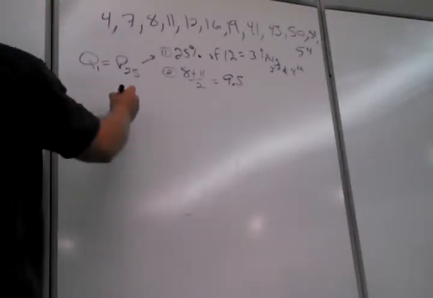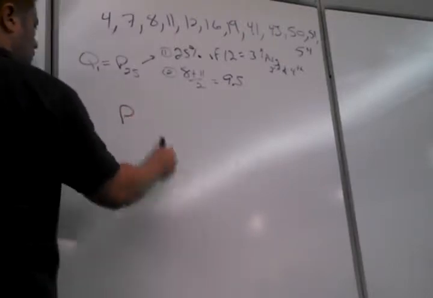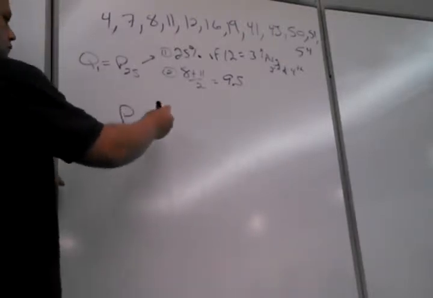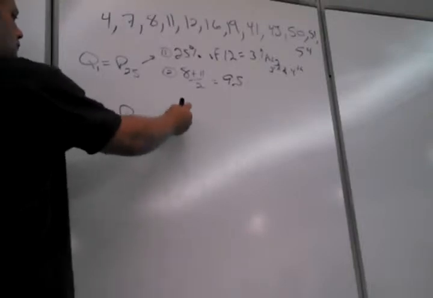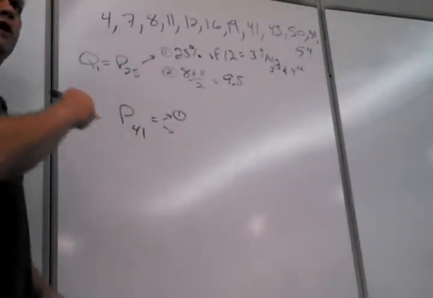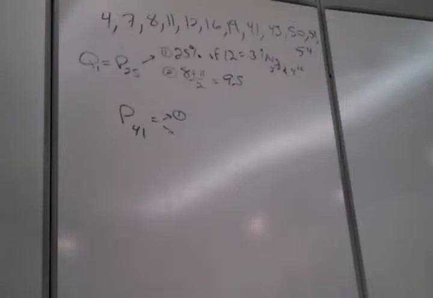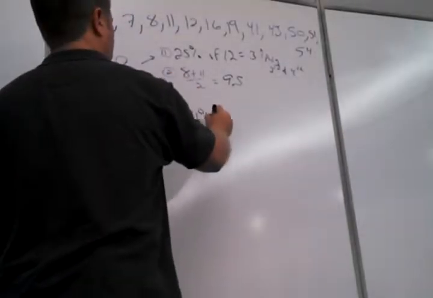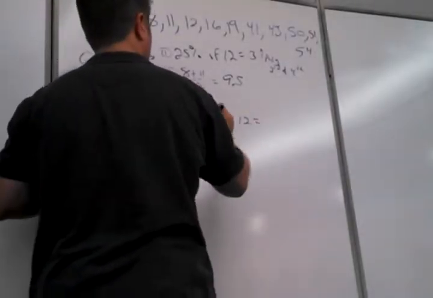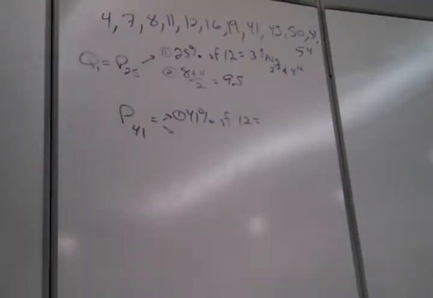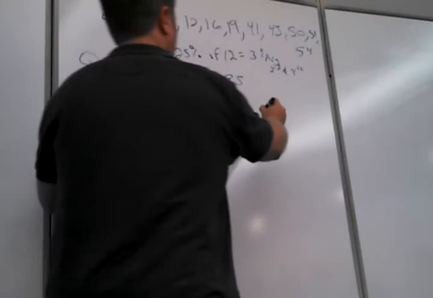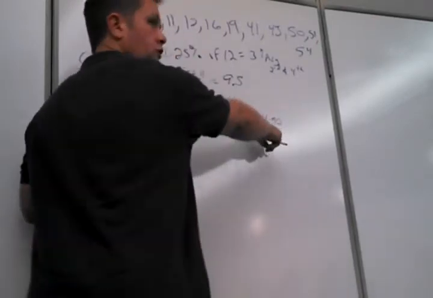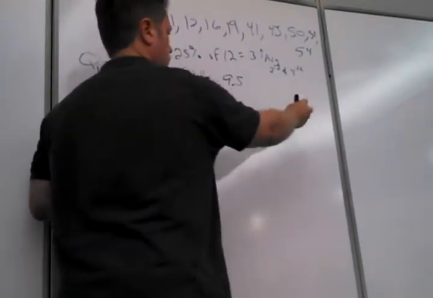What's P41 here? What's the first step to find P41? 41% of 12. What's 41% of 12? 4.92. Good. That's not a whole number, so what do you do? Round up to 5.